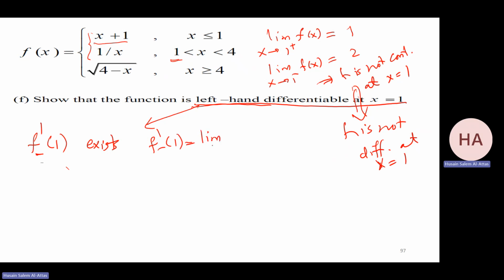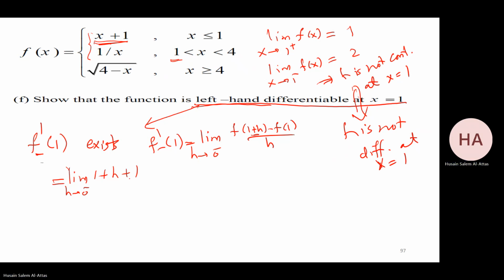That will be the limit as h goes to 0 from left of f of 1 plus h minus f of 1 over h. Check this limit. See what will happen. H goes to 0 from left, it means h is less than 1. I'm here, so just substitute: limit as h goes to 0 from left, 1 plus h plus 1, and f of 1 is 2, minus 2 over h.